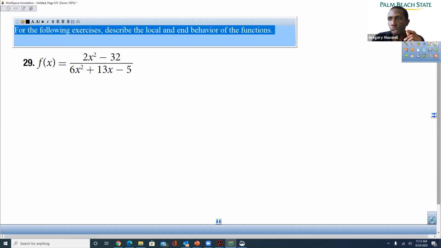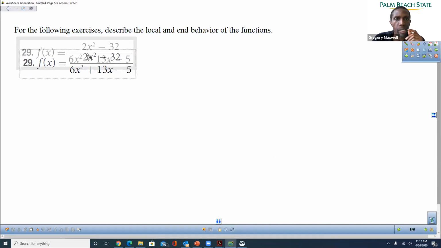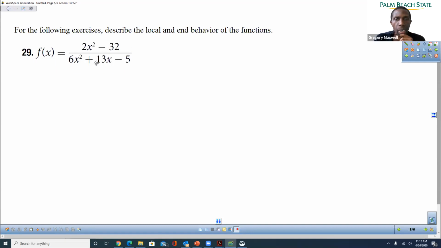All right, so for this question, it says, describe the local and end behavior of the function. So what we are going to have to do here is simply factor whatever can be factored.